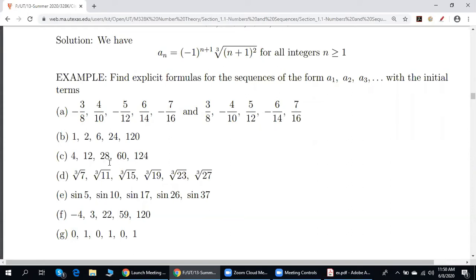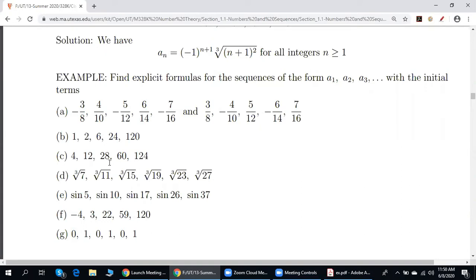What do we do? This is just factorials. These numbers are values of n factorial. Why is that? And what is n factorial? Multiplying the consecutive numbers up to n. Yes.